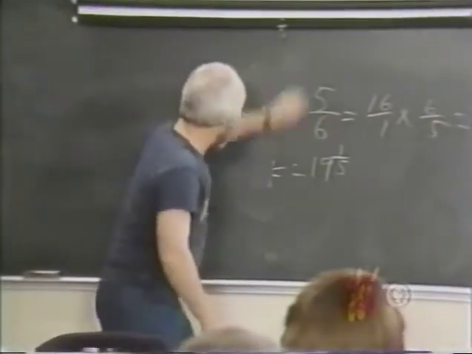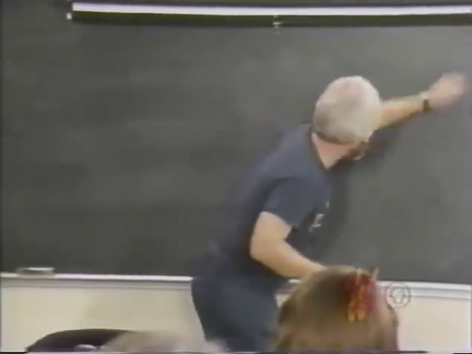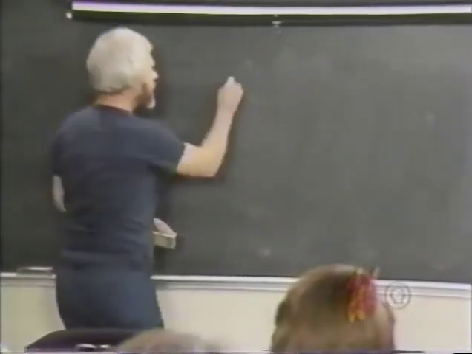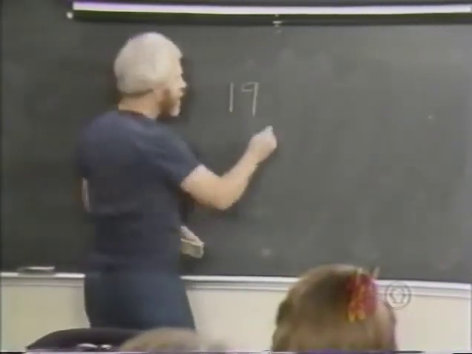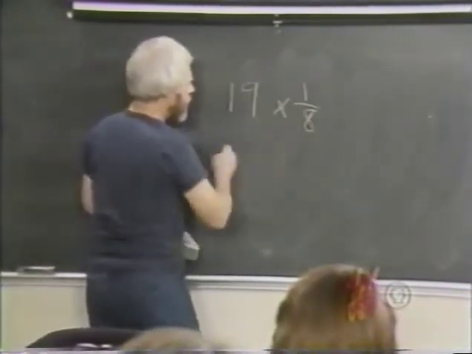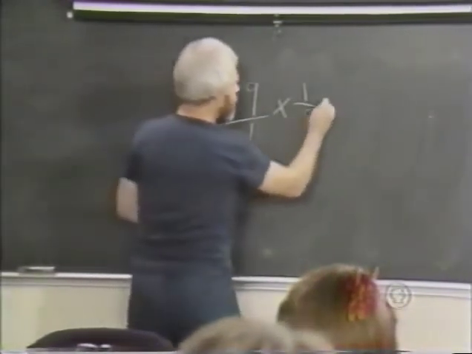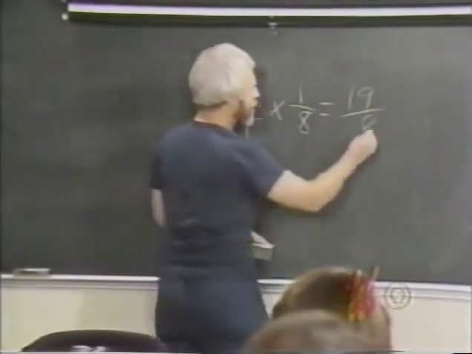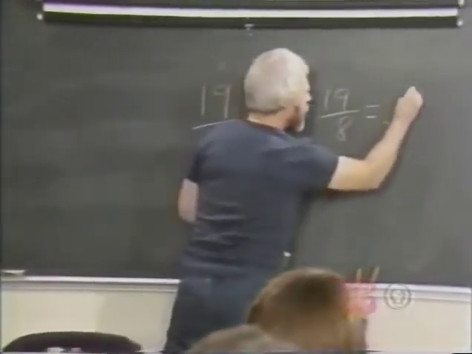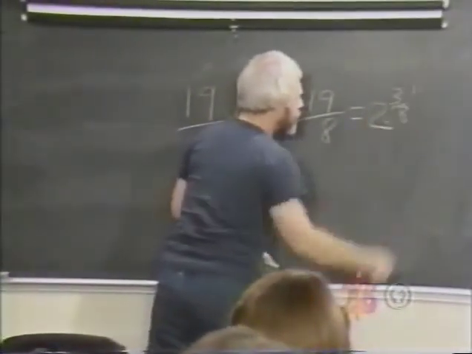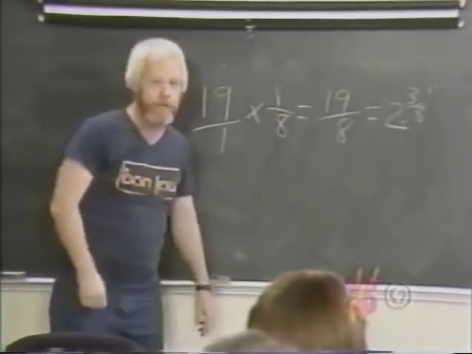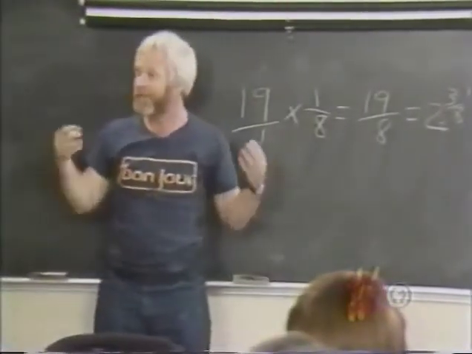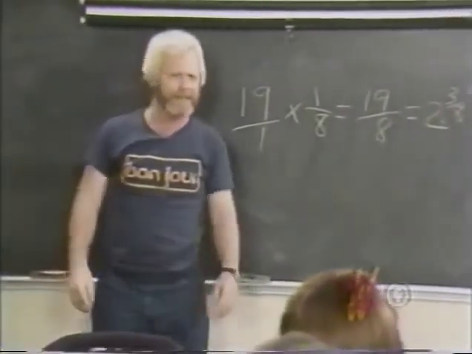So, I told these guys that, well, if you cut it 19 times and you lose 1/8 of an inch each time, you make that a fraction. You'd lose a total of 19 over 8 inches, or 2 3/8 inches. So, I told these guys you can't, not only can't you get 20 pieces, you can't even get 19 pieces.